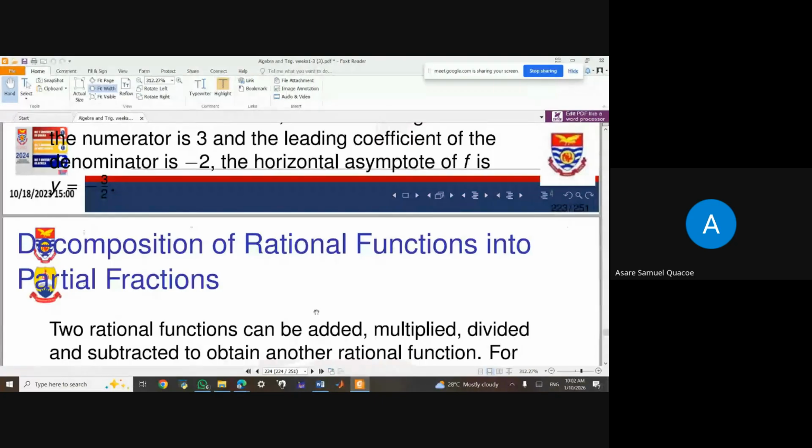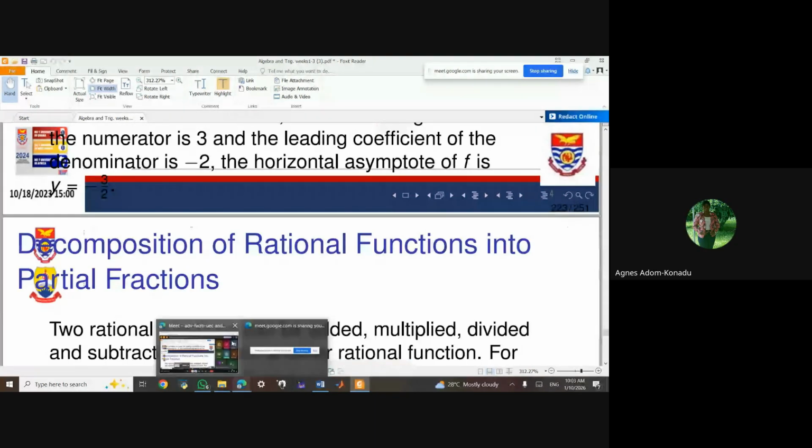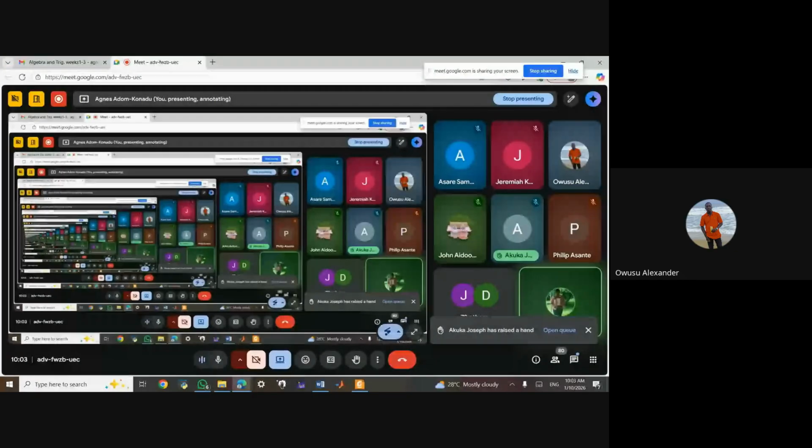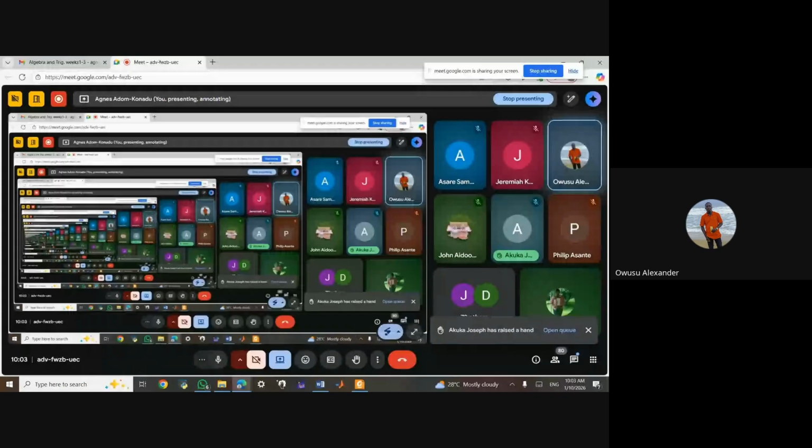So probably that's why your center is online. IT mathematics, are you more than 20? Yes, we are more than 20.